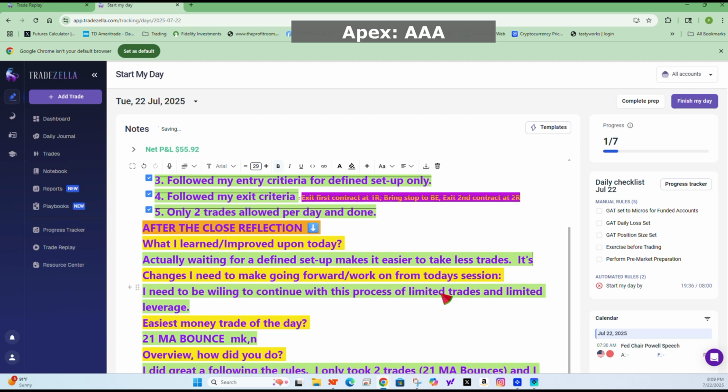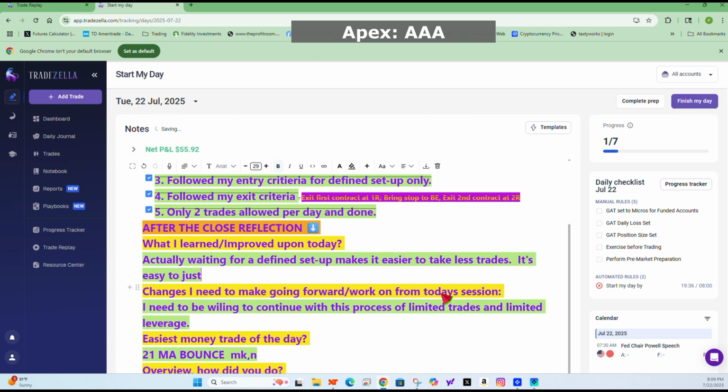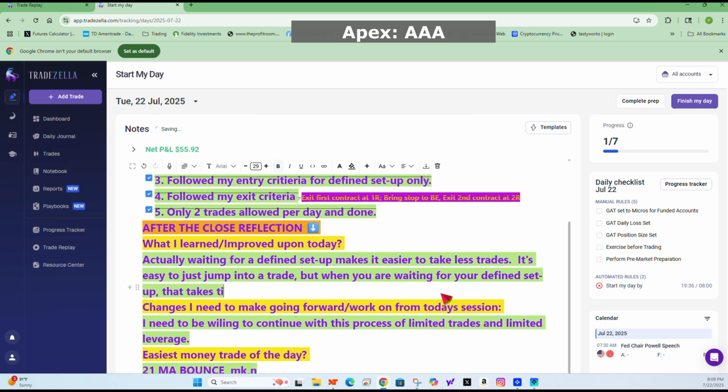It's easy to just jump into a trade, but when you are waiting for your defined setup, that takes time and should cause me to take less trades.